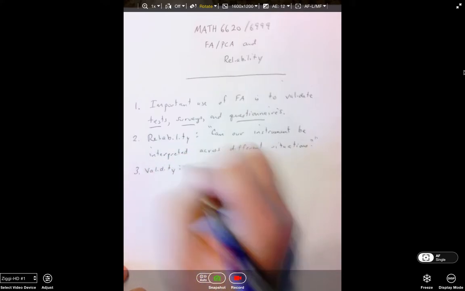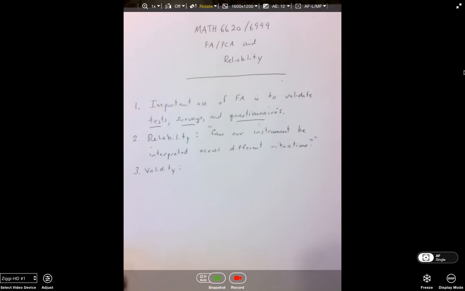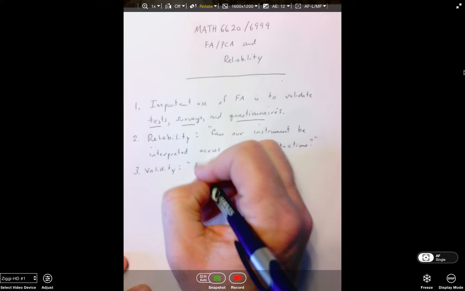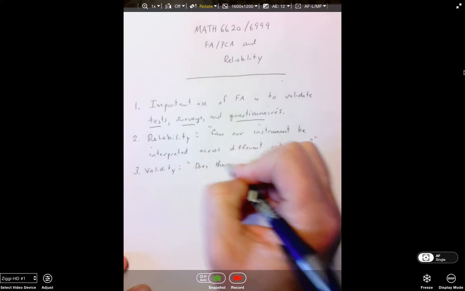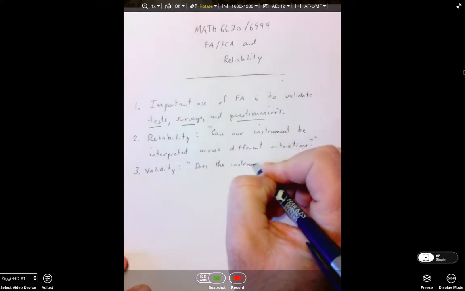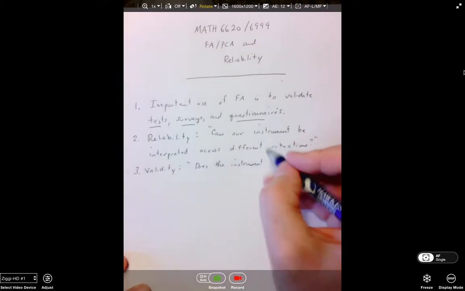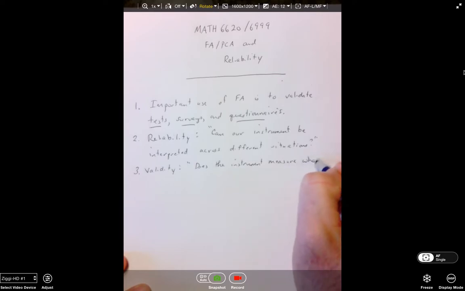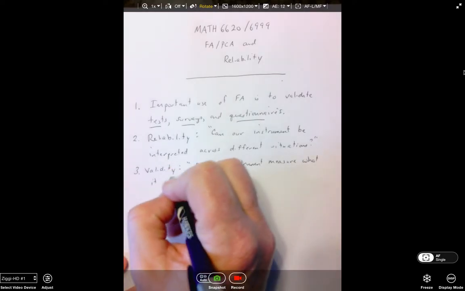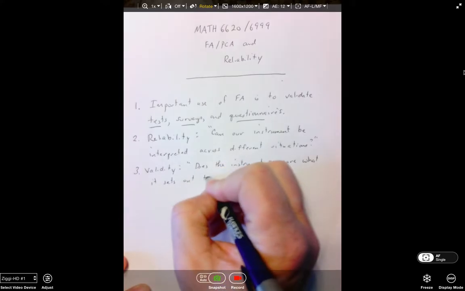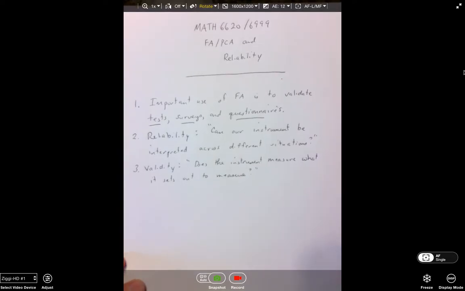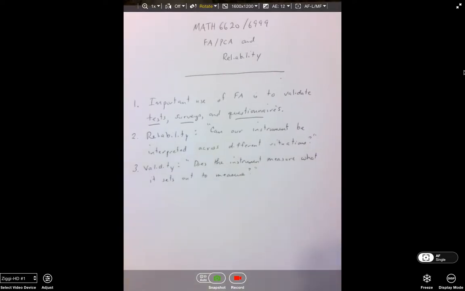A relaxed definition, if you will, for validity is, does the instrument measure what it sets out to measure? And I've had experience with this a lot at Shawnee State University, and especially with dealing with placement tests.